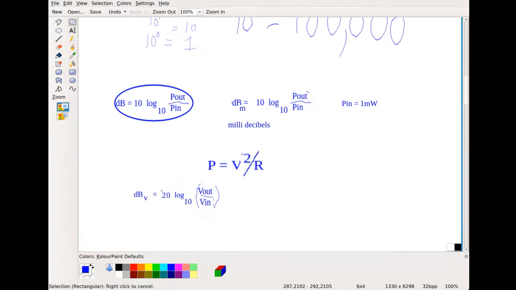Because there's a 2 here, we're effectively squaring it, so it's really giving us a measurement of the power, but the units are dB, or decibels. It's a measurement of the actual power being passed from the input to the output of some system. That could be going through an amplifier or through a filter. It could be either one.